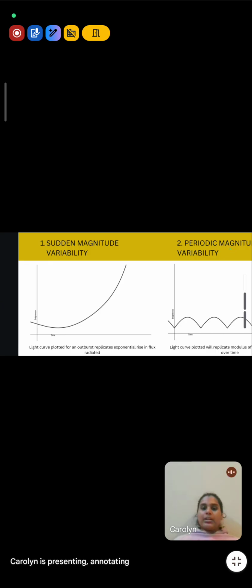So during the outburst of a certain young star, there is a sudden massive increase in brightness that we observe. This increase in brightness will simply be analyzed using photometry. You can observe it easily using photometry because these outbursts are very evident in photometric analysis.